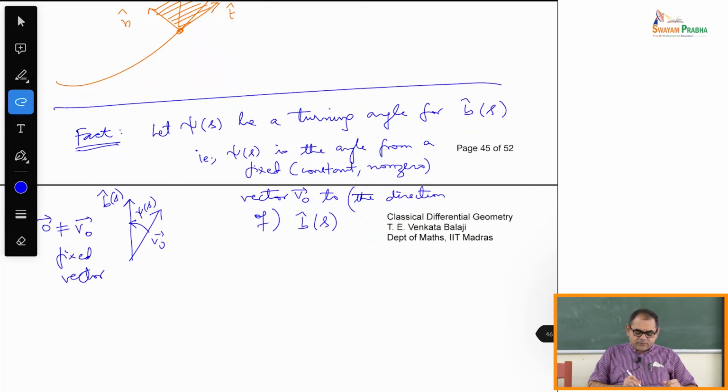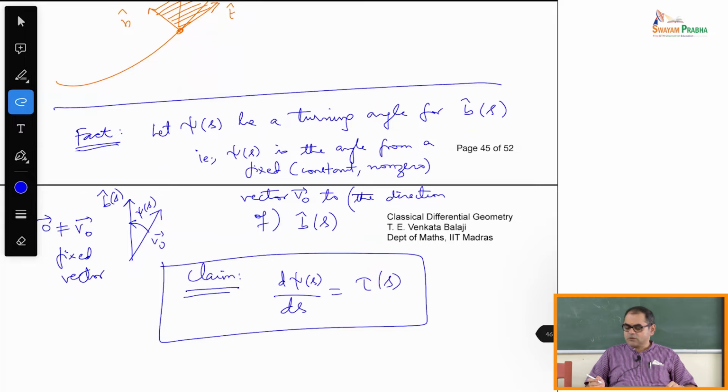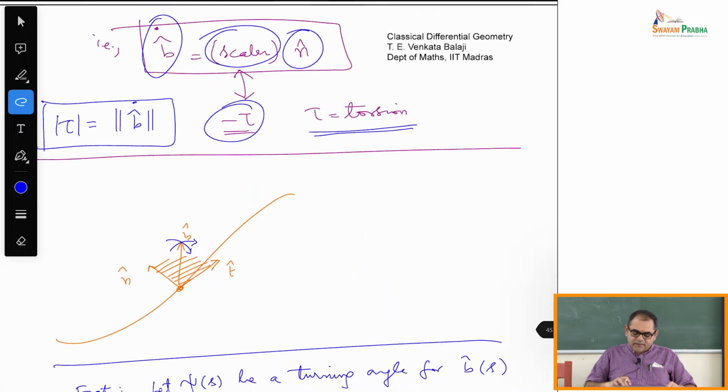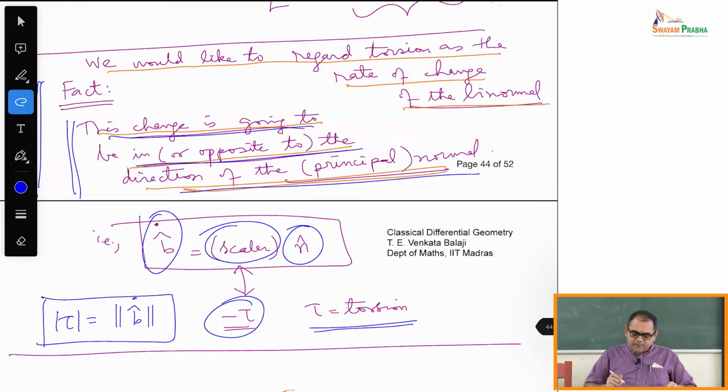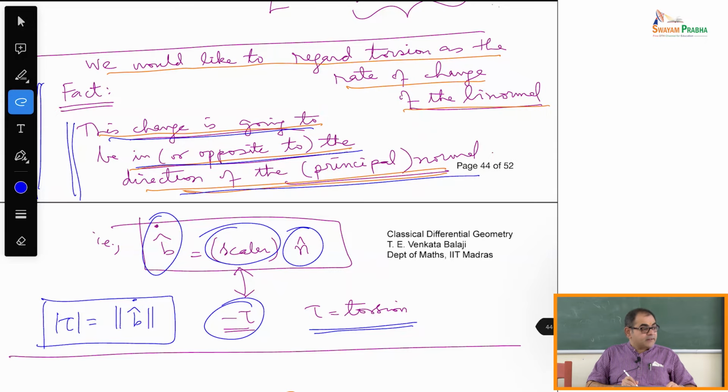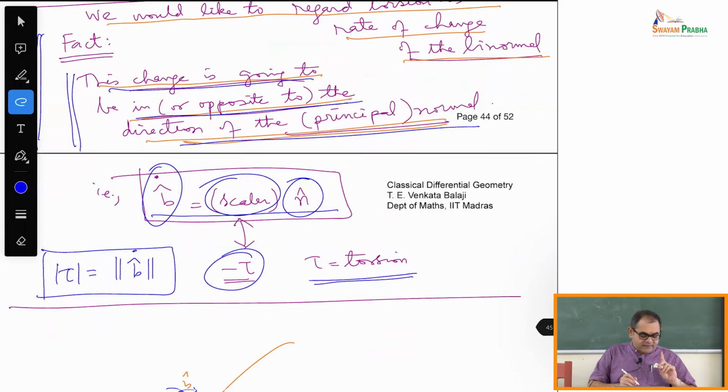Now the claim is that d psi of s by ds is exactly the torsion at s. Let me go back and make a small correction. In this whole business everything is changing with respect to s, so I should have written b hat dot of s equals minus tau of s times n hat of s.